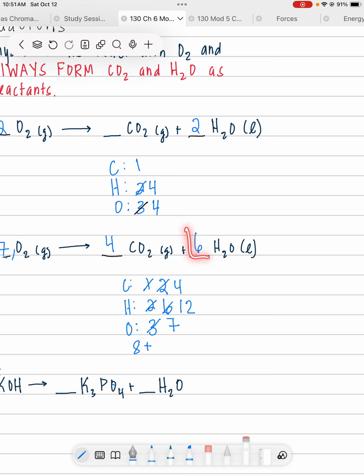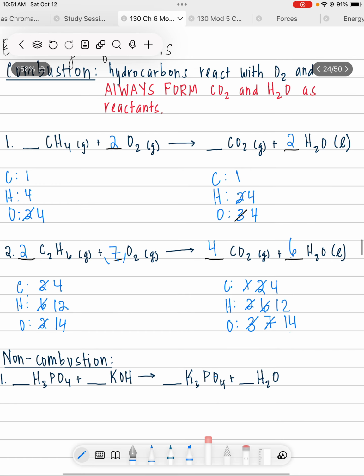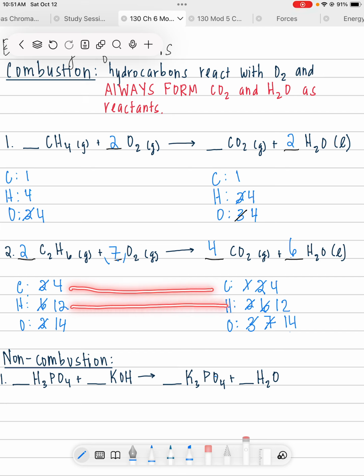And I have 6 times 1 oxygens, which is 6. 8 plus 6 is 14. I'm going to write 14 here. And now let's check. We have 4 carbons, 12 hydrogens, 14 oxygens, and that's balanced.